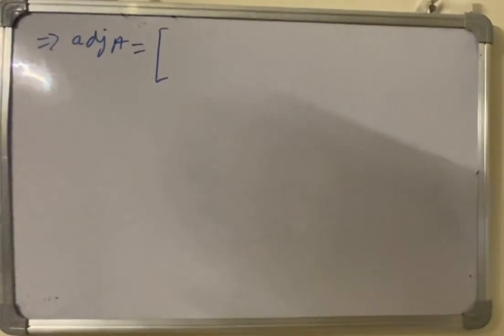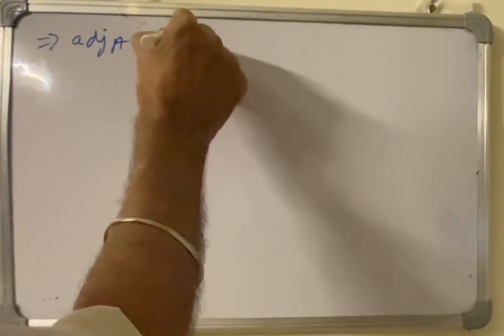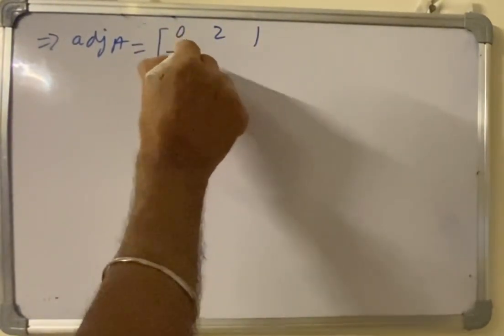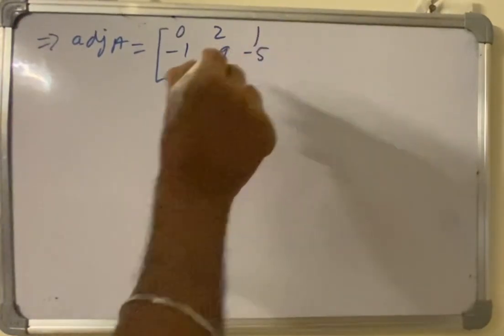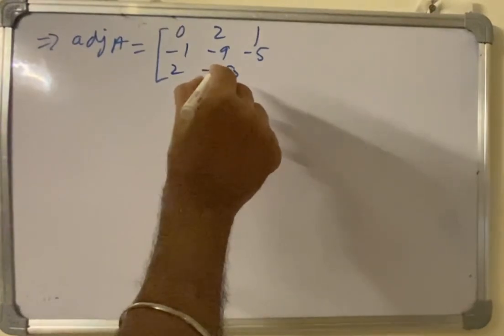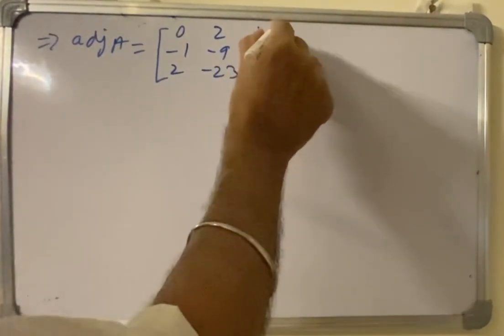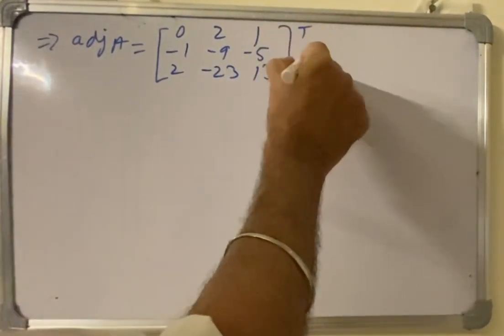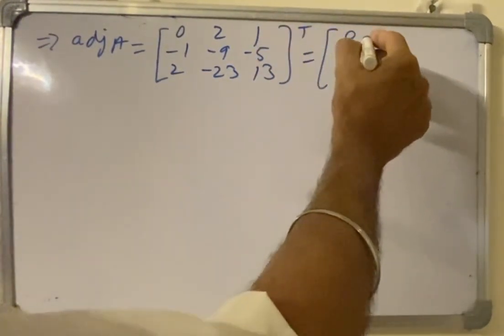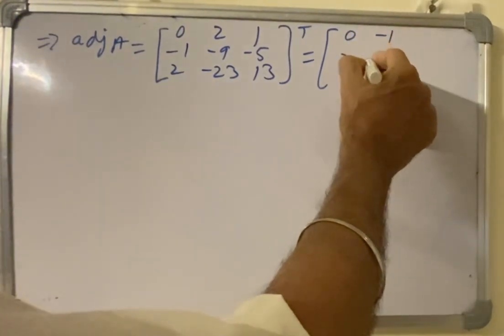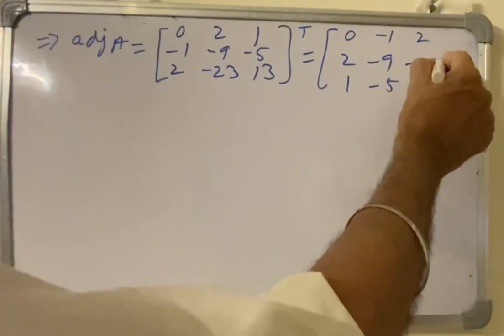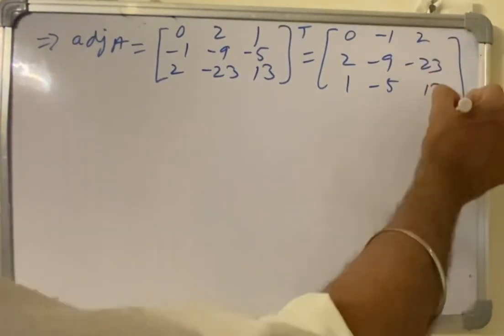Adjoint of A is [0, 2, 1; -1, -9, -5; 2, -23, 13]. Transpose is equal to: first row will be first column 0, -1, 2; second row second column 2, -9, -23; third row third column 1, -5, 13.